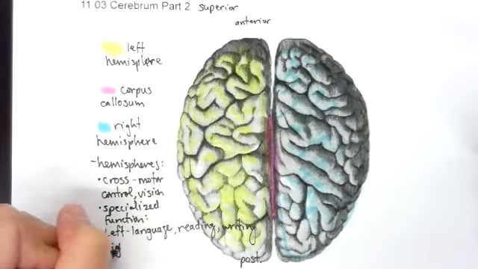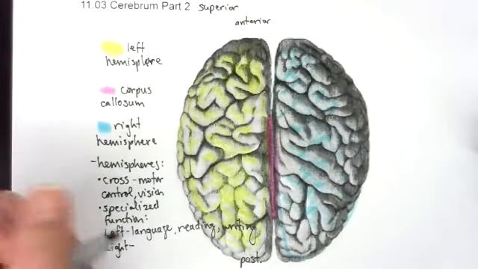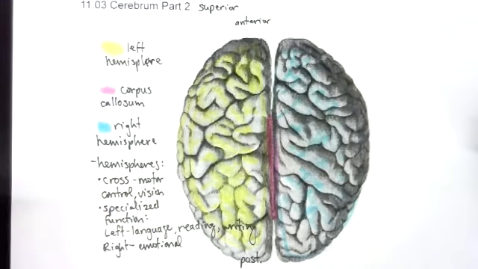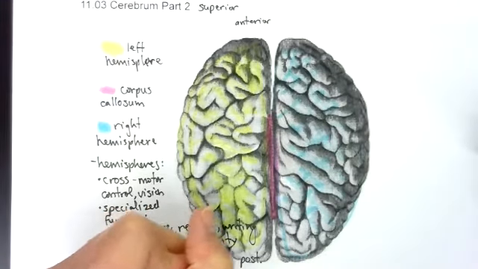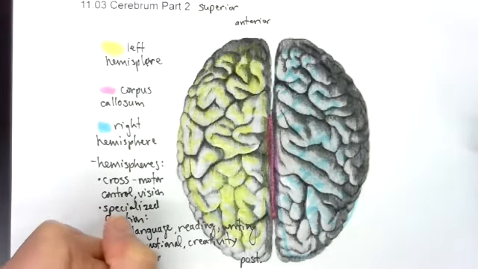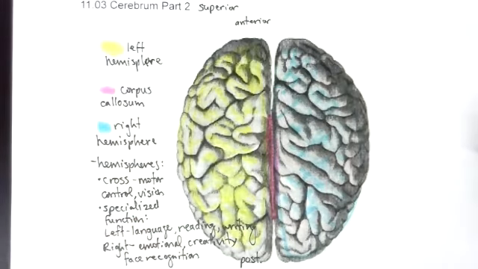What we see processed on the right side are our emotional responses, creativity, the ability to see in 3 dimensions, face recognition. And so the left and the right side really do kind of live different lives.